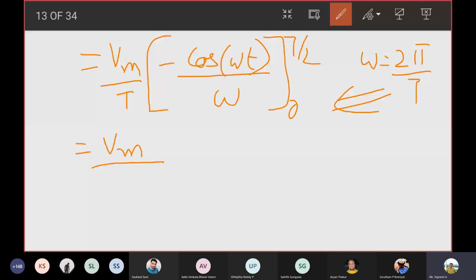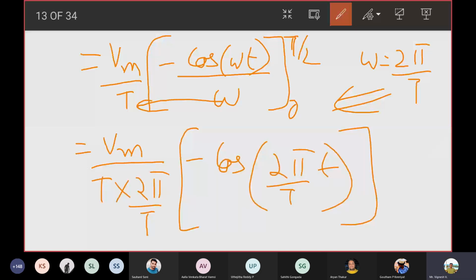Omega I'm taking outside the limit, so it would be 2 pi by T, minus cos, I'll resubstitute here, 2 pi by T into t, limits 0 to T by 2. I've just substituted omega as 2 pi by T in here. I'll rewrite by substituting the limits in the next slide.